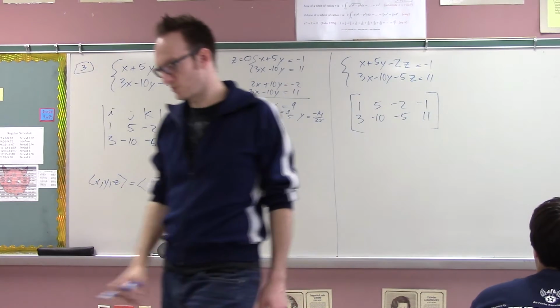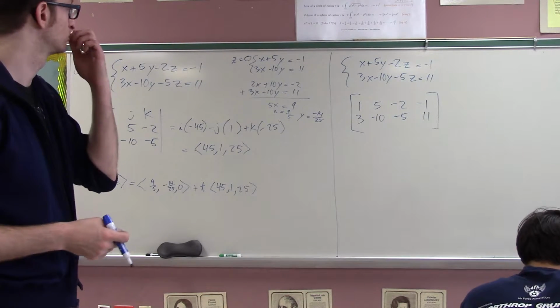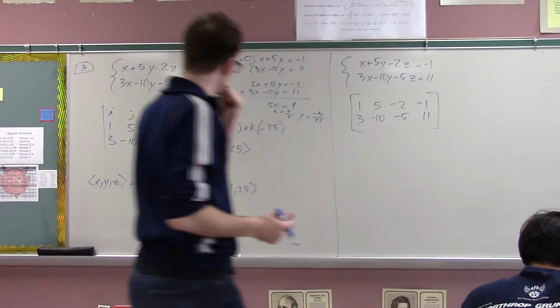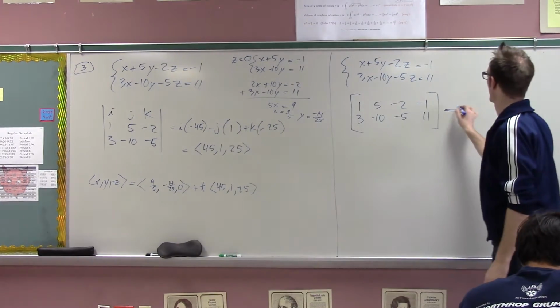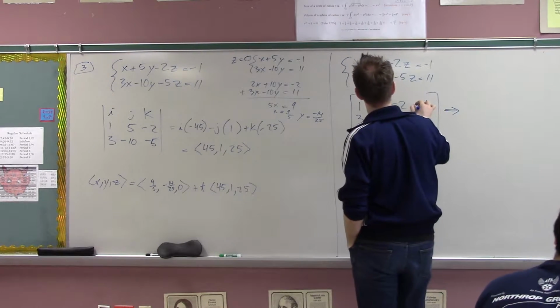So I converted it into a matrix for simplicity, and now just do the Gaussian elimination algorithm on this matrix. Go. Is that the augmented matrix? Exactly, the augmented matrix.